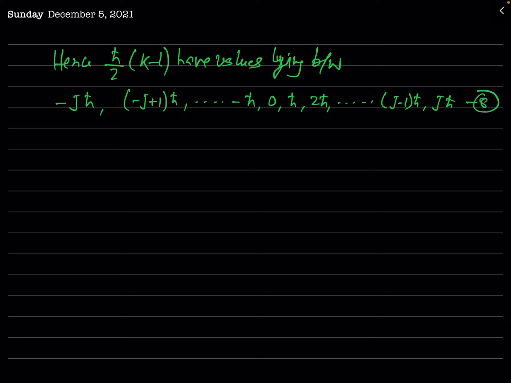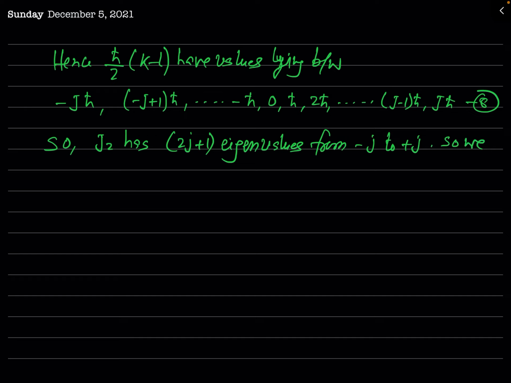So in this condition you can say that jz has 2j plus 1 eigenvalues from minus j to plus j.